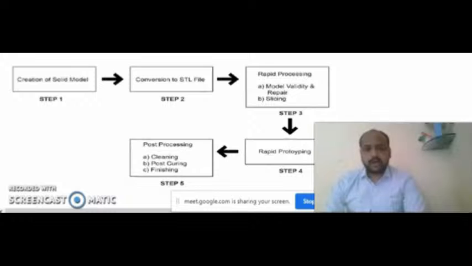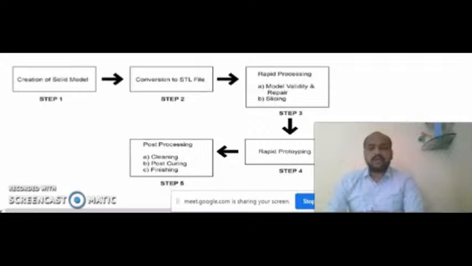So rapid prototyping plays a very important role in manufacturing critical shaped components, or I will say irregular shaped components.